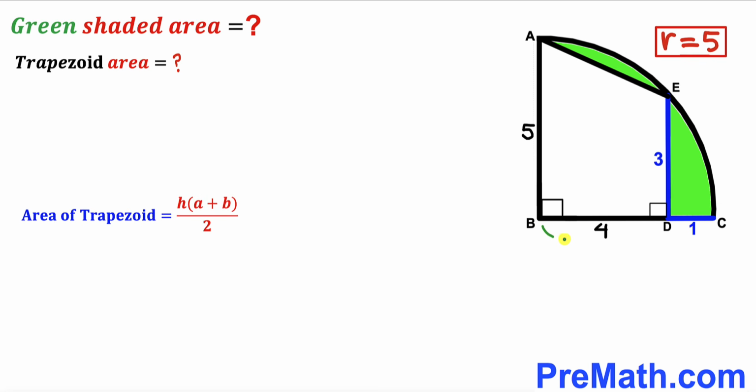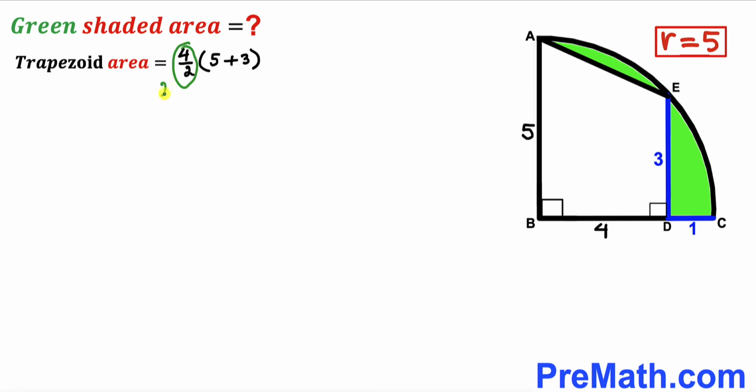In our case, this side is the height of the trapezoid, whereas this side is our base a, and this side is our base b. So the area of this trapezoid is, with height 4, 4 divided by 2 times the bases 5 and 3. 4 divided by 2 reduces to 2, and 5 plus 3 equals 8.